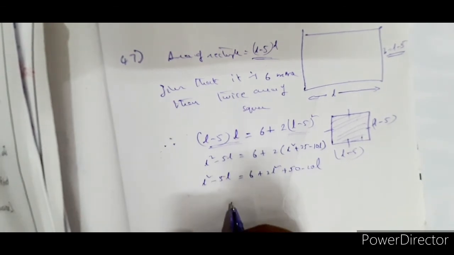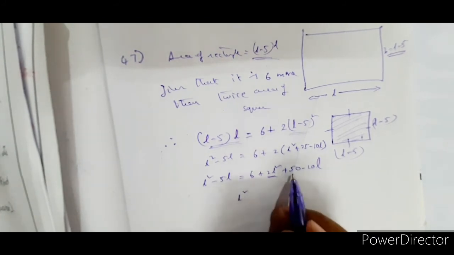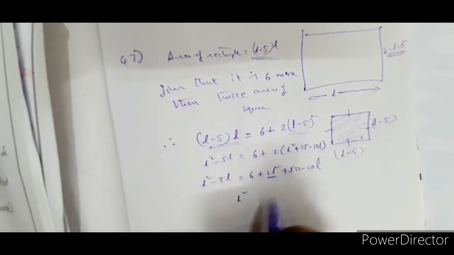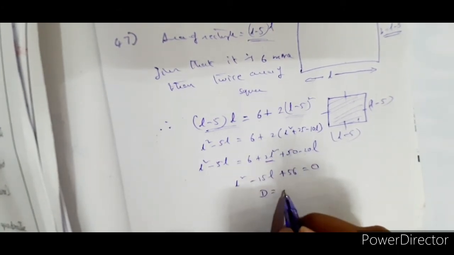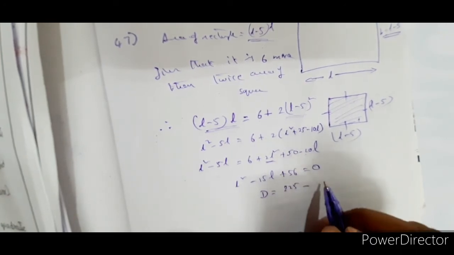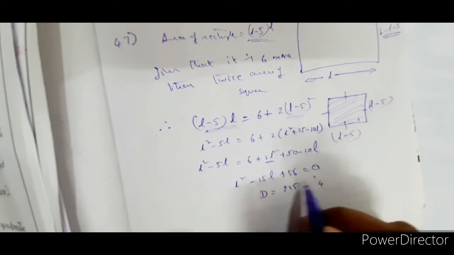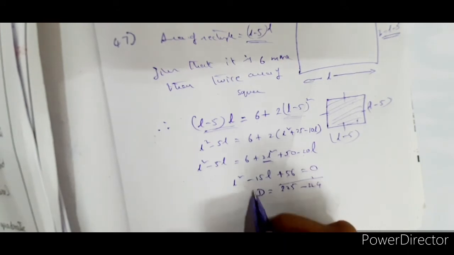Now taking all these terms here, 2L square minus L square is L square, minus 20L plus 5L is minus 15L, 50 plus 6 is plus 56 is equal to 0. Now finding the roots, find the discriminant first: B square is 225, minus 4AC, 4 times 56 is 224, so D is 225 minus 224, root D is equal to 1.